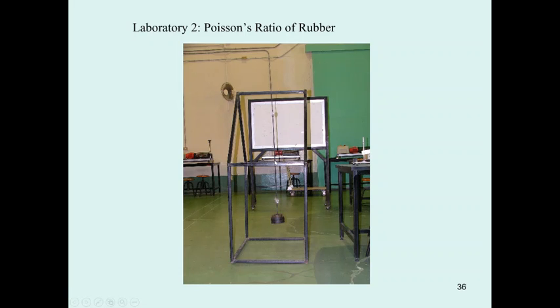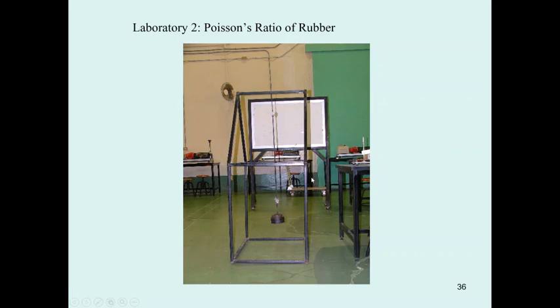That means the length of the rubber increases, and at the same time the width of the rubber decreases. You may bring a rubber band and try to pull it down. You will see what I'm saying: it goes longer longitudinally and gets smaller laterally.